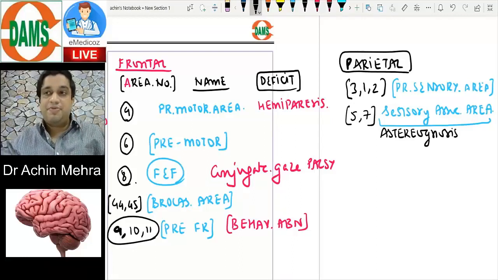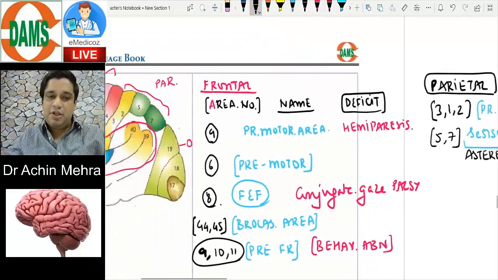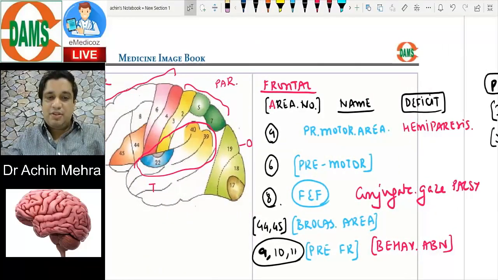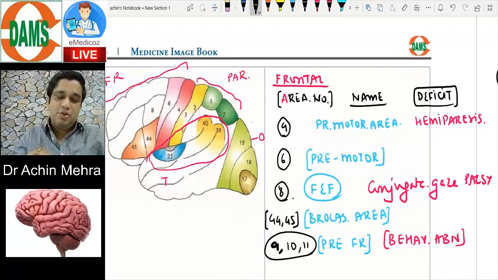Okay, so area number 5 and 7 in the parietal cortex. So the parietal cortex is more of a sensory cortex. The 3, 1, 2 is the primary sensory cortex and 5 and 7 is the sensory association area.